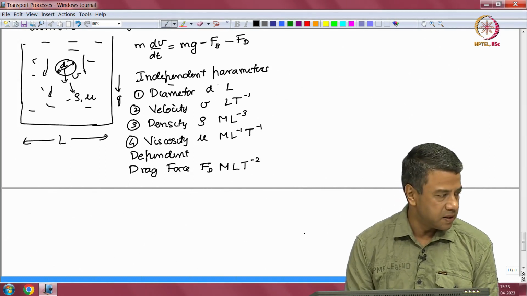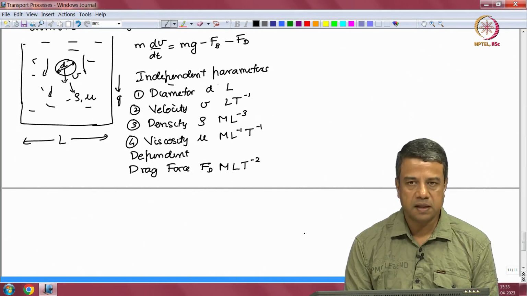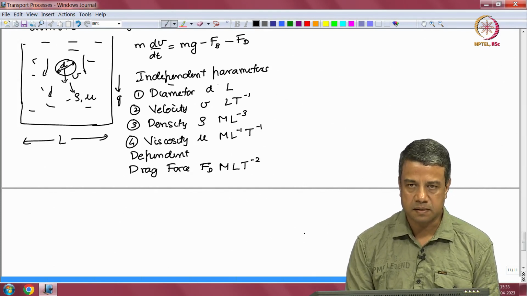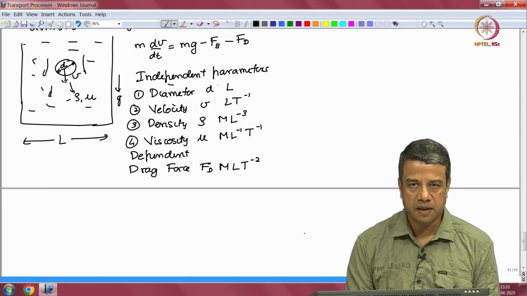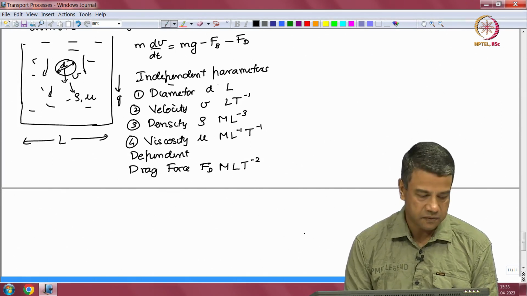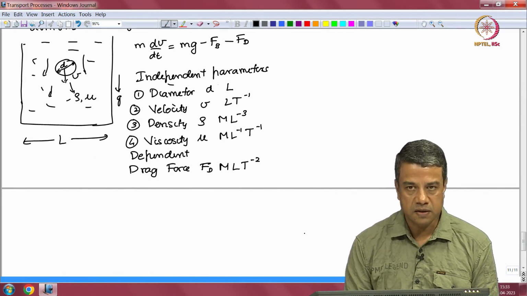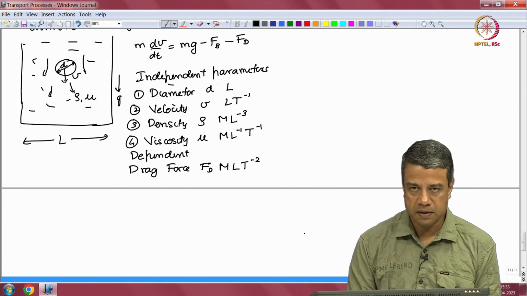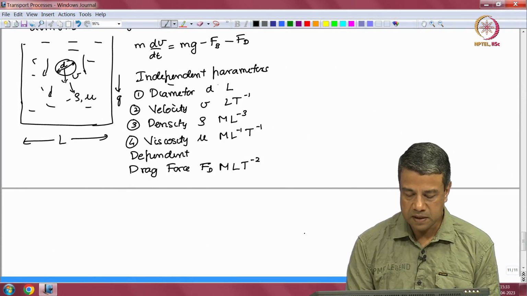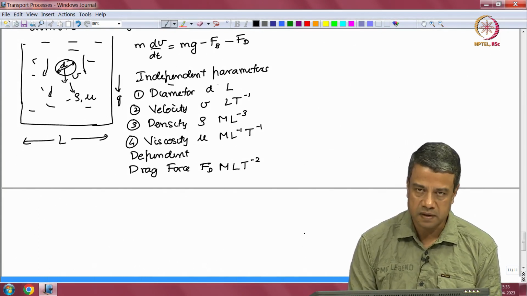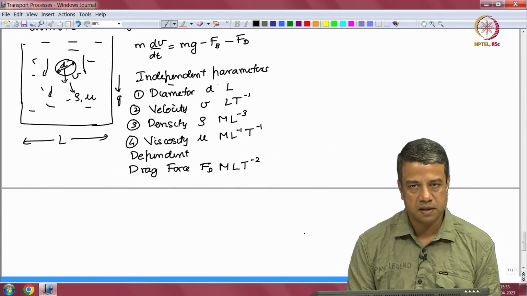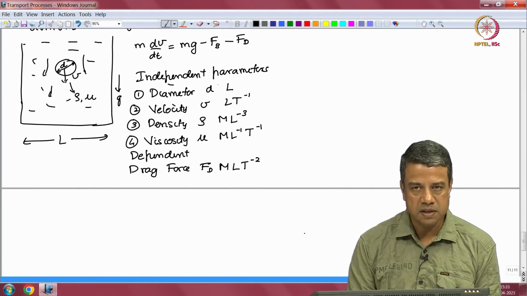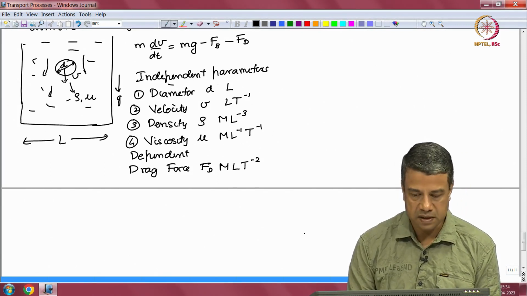You can see that out of these, the density and the viscosity contain the mass dimension. So, the drag force can be divided by the mass dimension in either of these two. Either choice is acceptable. I will first do the calculation by considering the viscosity, the diameter and the velocity for dimensional analysis to define a dimensionless drag force. This dimensionless drag force is scaled by viscous scales.